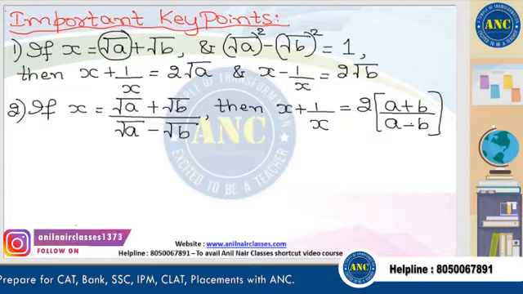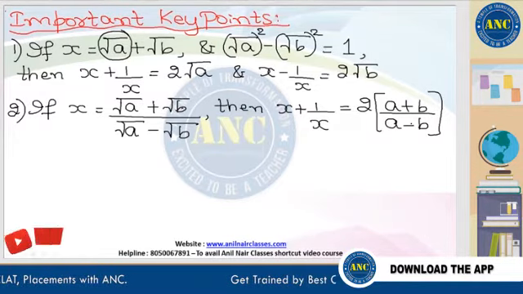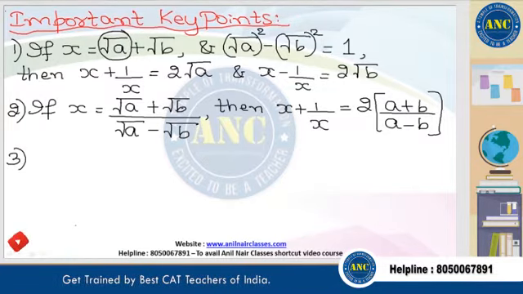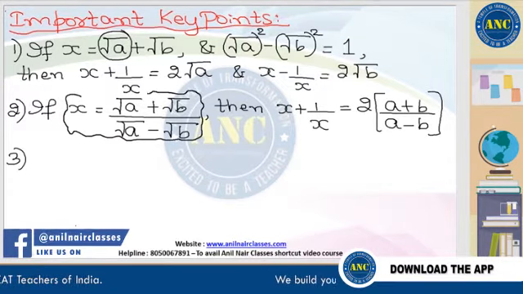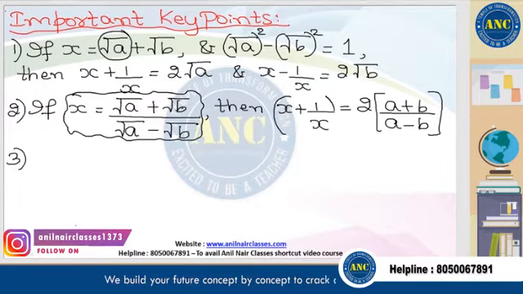That means x plus 1 by x value will be equal to 2 times a plus b divided by a minus b. If this condition is given in the question, we know how to find x plus 1 by x value.